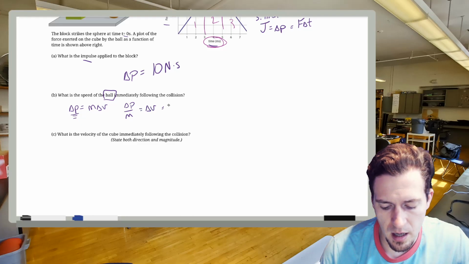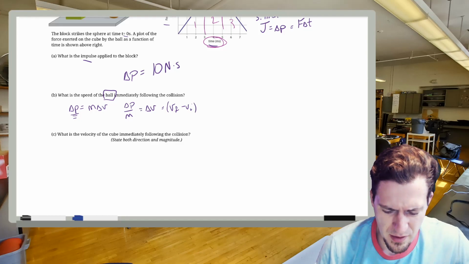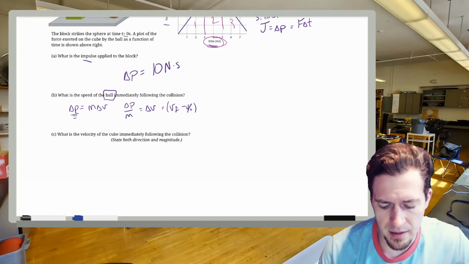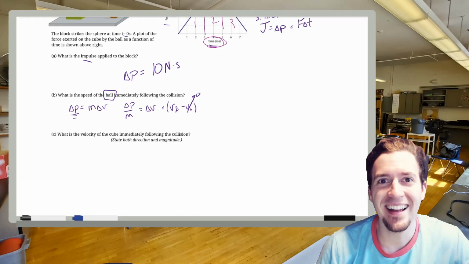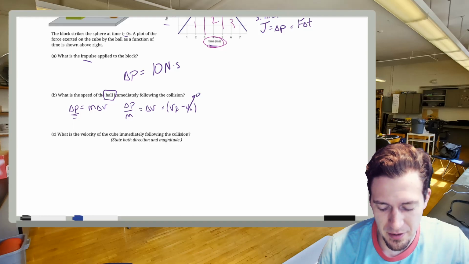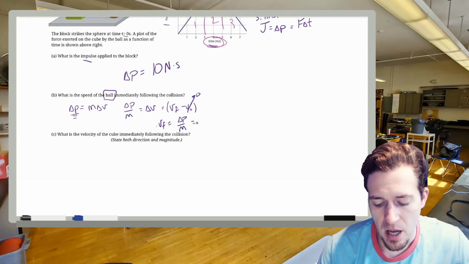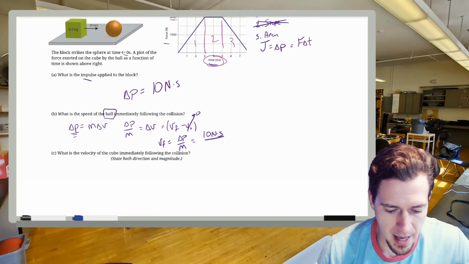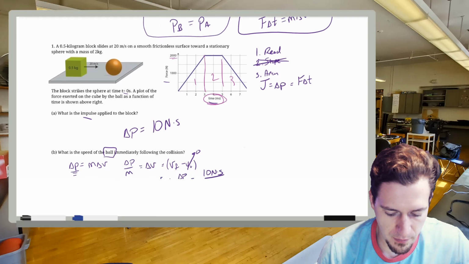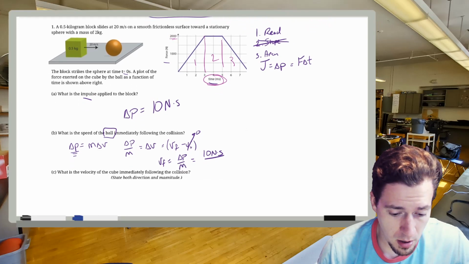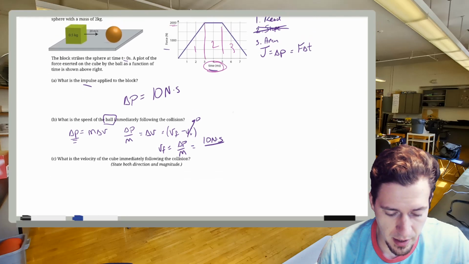And delta V is always final minus initial. For this, it said the ball was initially at rest, so that term goes away. What I'm left with is that the final velocity will be equal to the change in momentum divided by the mass. The change in momentum we just said was 10 Newton seconds, divided by the mass of the ball, which is 2 kilograms.